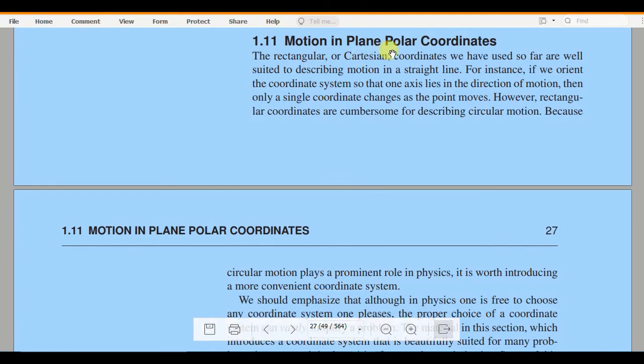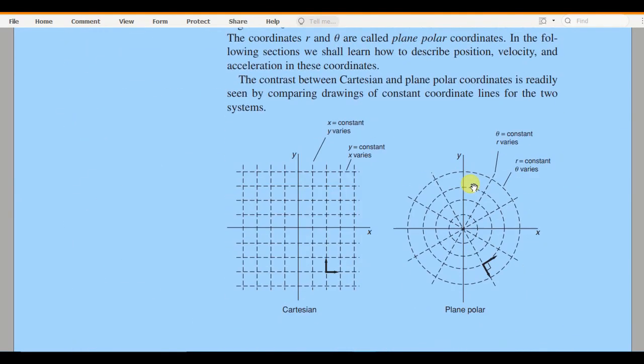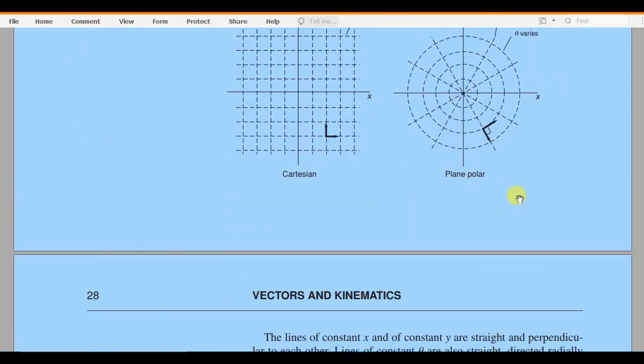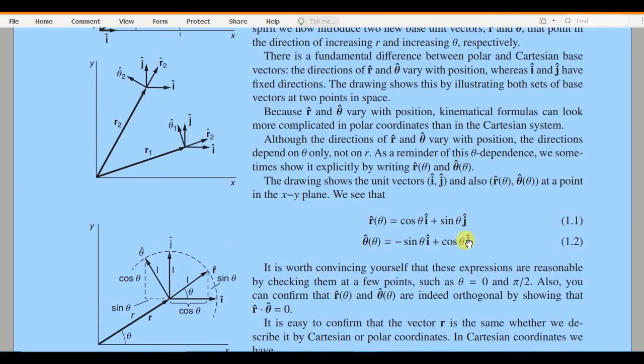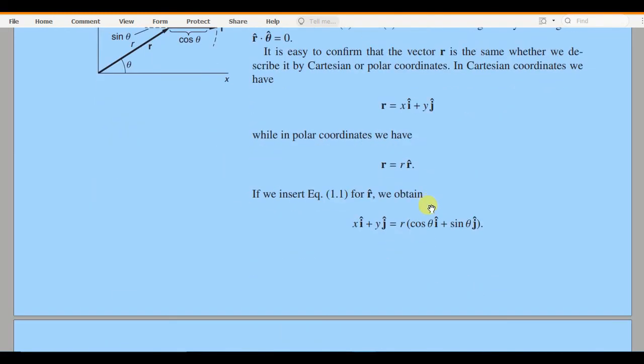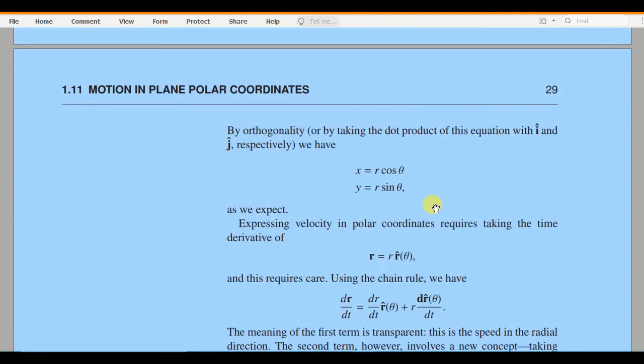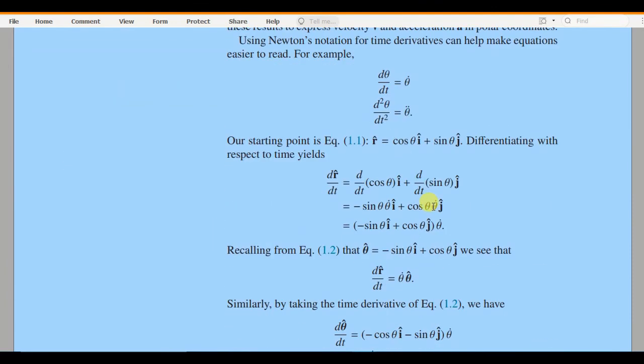Okay, so like motion in plane polar coordinate system: if you have a particle which is moving in a circle, what will happen? How can we express velocities? How can you express acceleration in this kind of system? This is more interesting and more theoretical.